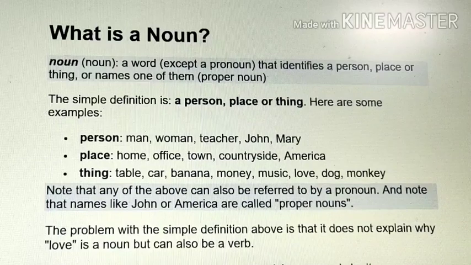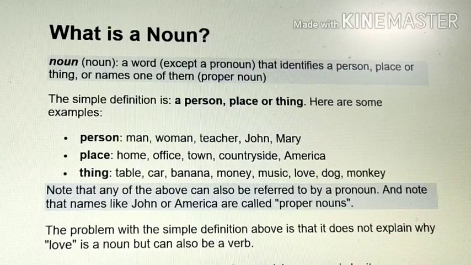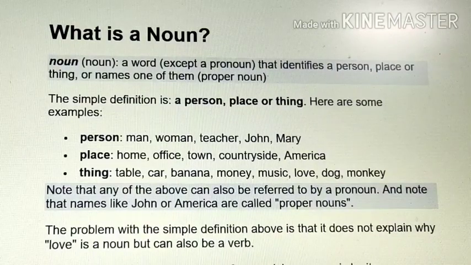So it can name anything: a person, animal, place, thing, quality, state, idea, etc. So whatever I have mentioned here, it is called a noun. A simple definition means a person, a place or thing. Okay, so if you want some examples, I can give you.